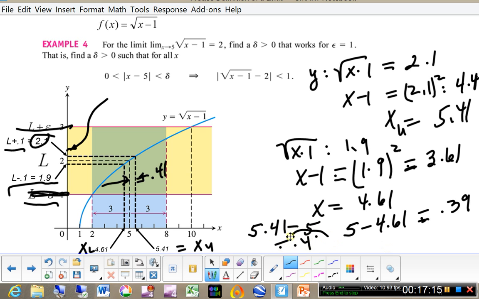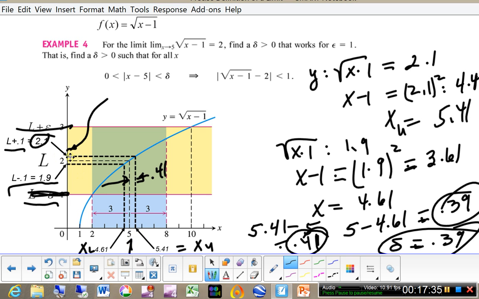So we pick the minimum of 0.41 and 0.39, and so we pick delta equal to 0.39. So if we choose an x within 0.39 of 5, then we are assured that the value of f of x minus the limit, which we know to be 2, is less than the epsilon, which in this case was 0.1.